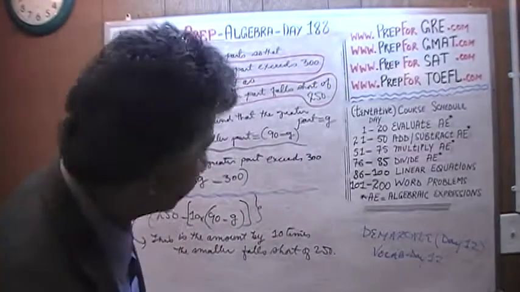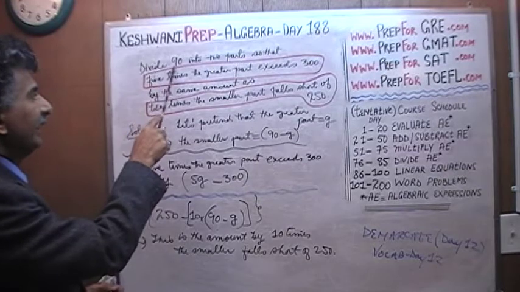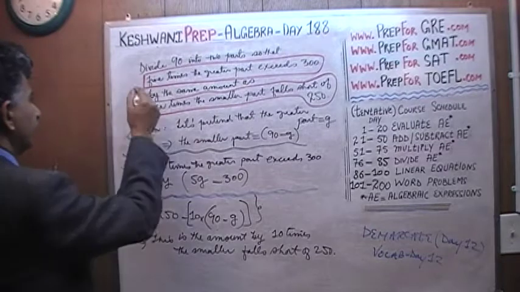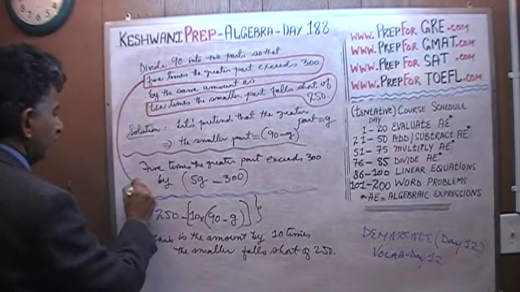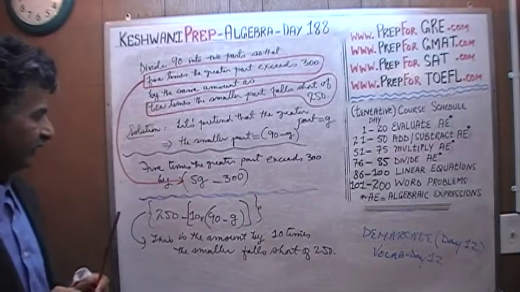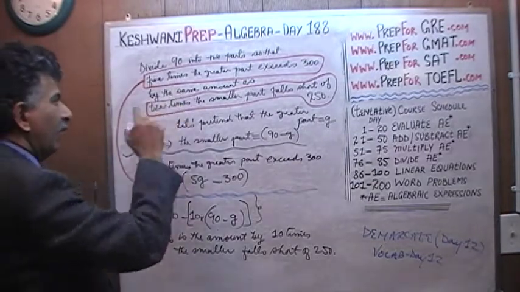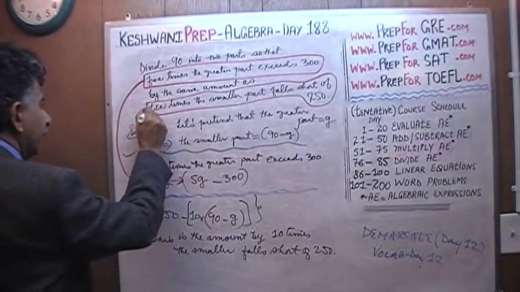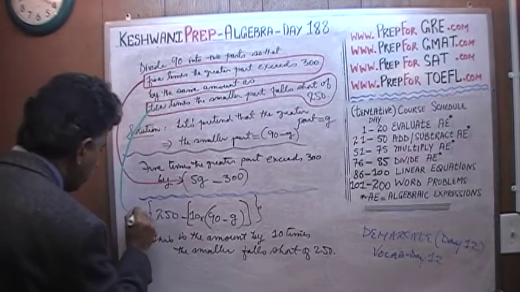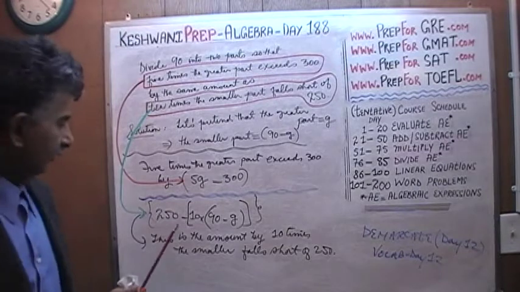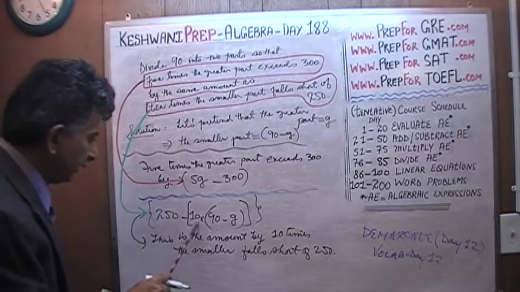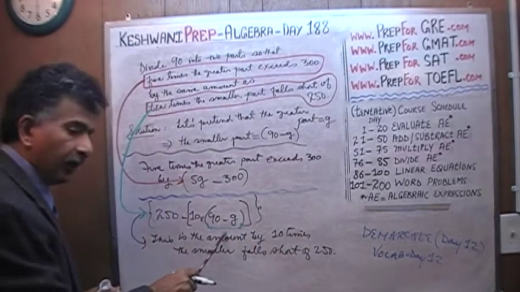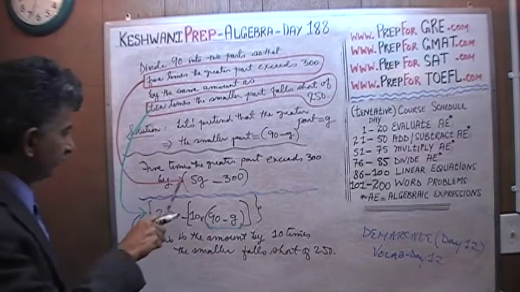We are to divide 90 in such a way that 5 times the greater part exceeds 300, which is this right here, by the same amount as 10 times the smaller part falls short of 250. These two quantities are equal to each other.